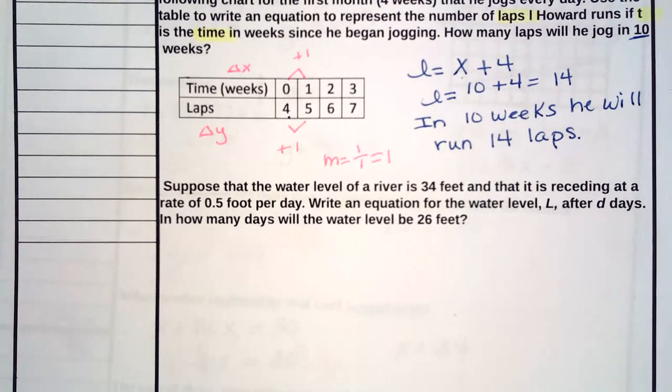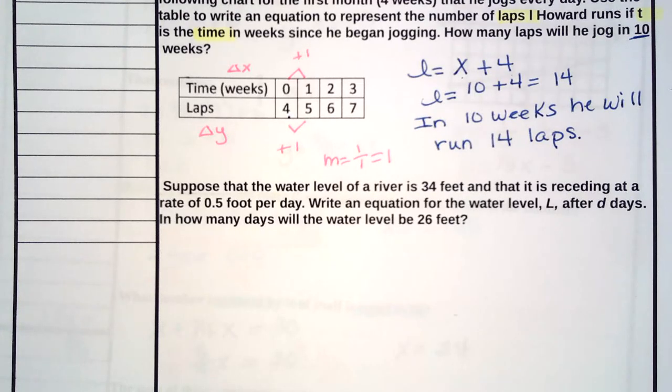Okay, last problem. Suppose that the water level of a river is 34 feet and that it is receding at a rate of 0.5 foot per day. Write an equation for the water level L after D days.